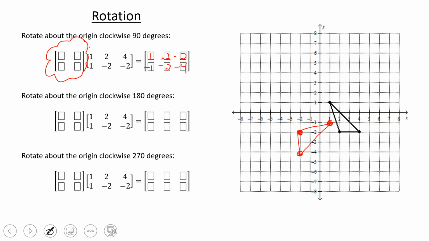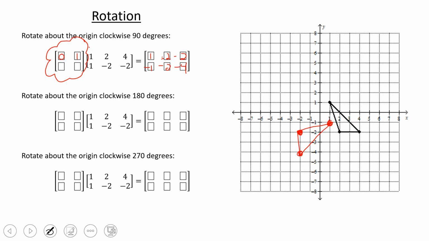Well, it looks like the top row became the bottom row. So that means we want to clear out the top of the column and only use the bottom row.